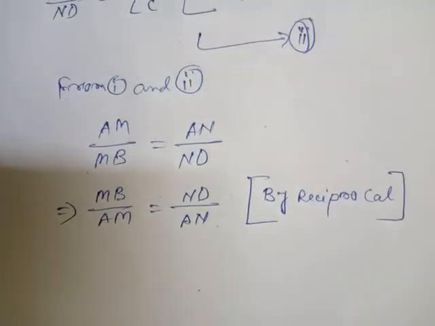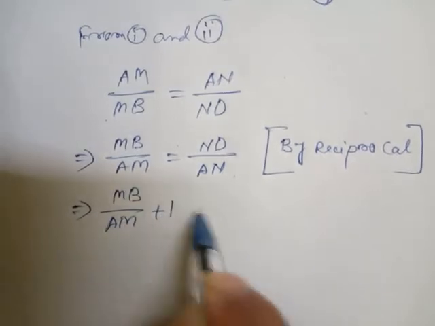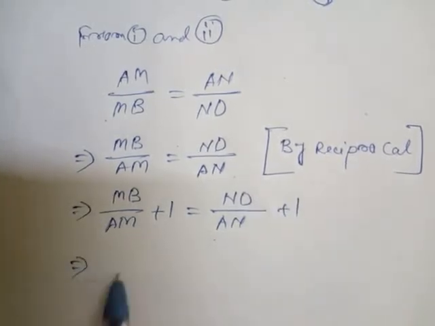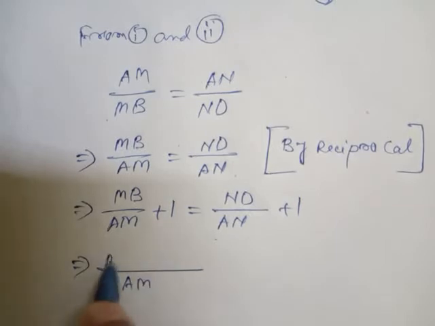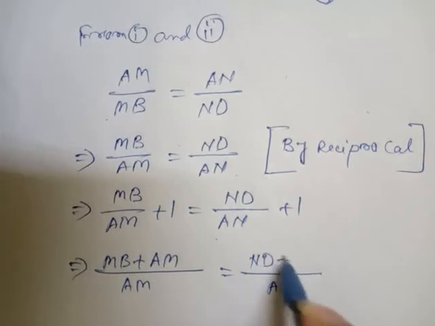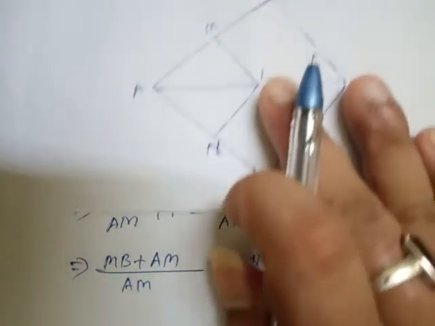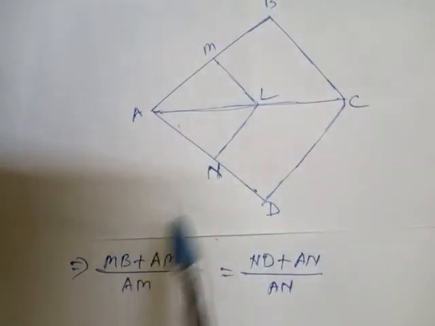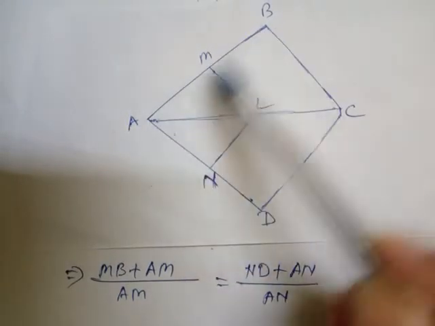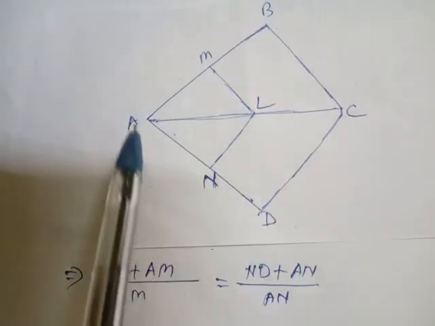Now look, after that I will just add 1 on both sides, so MB by AM plus 1 and ND by AN plus 1. Now we'll go for the LCM here. So AM, there is MB plus AM, and there is AN, so ND plus AN. Now look student, in the diagram, MB plus AM means AB, and ND plus AN means AD.